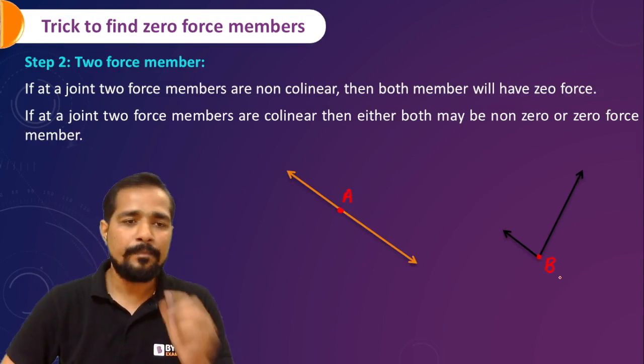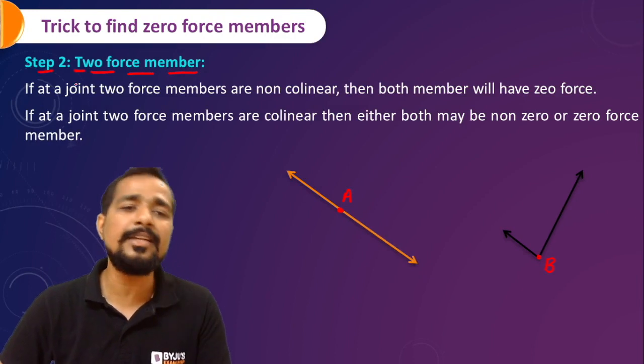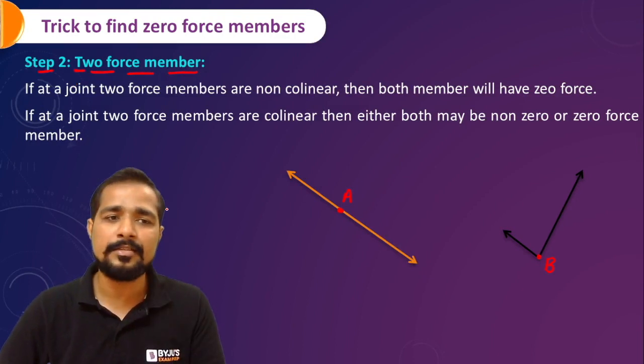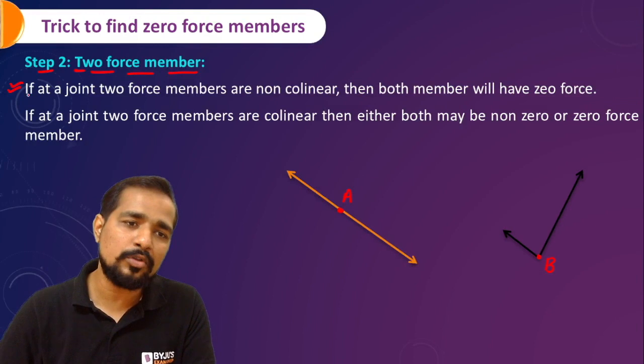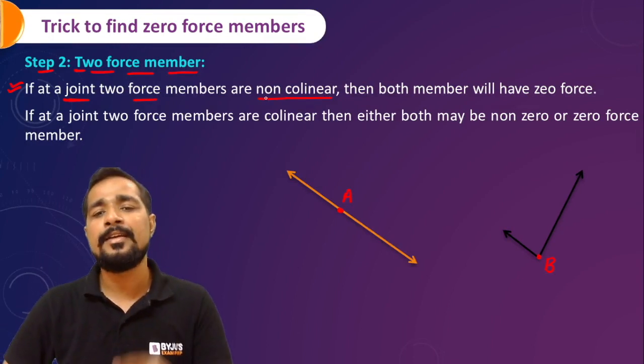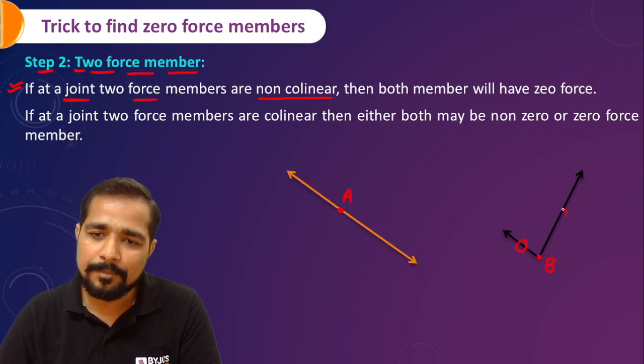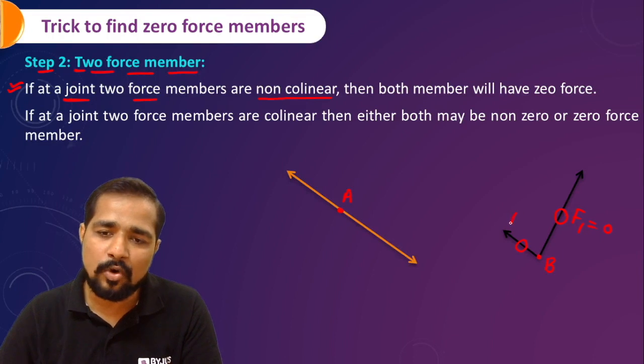So if at any joint 2 force members are acting, and if these two are non-collinear, then both members will have zero force value. At this member the force is 0, and at this member the force will also be 0.